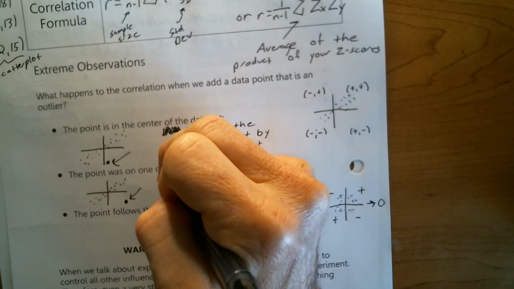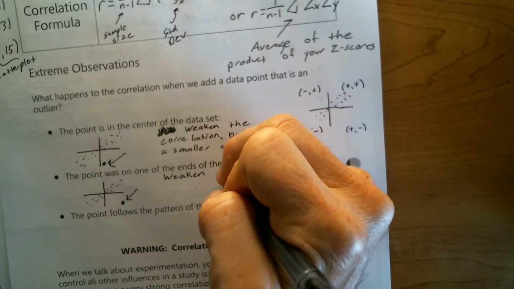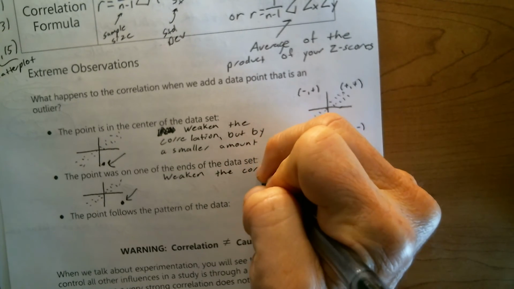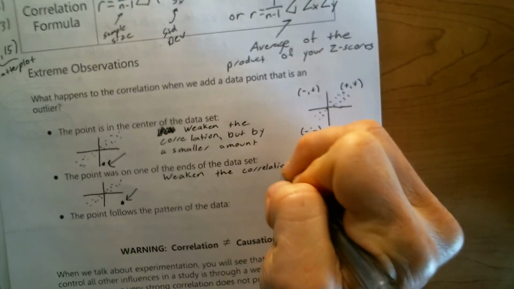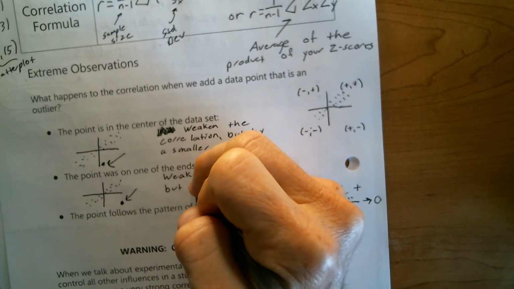This one's also going to weaken the correlation because it goes against the pattern, but by a larger amount.